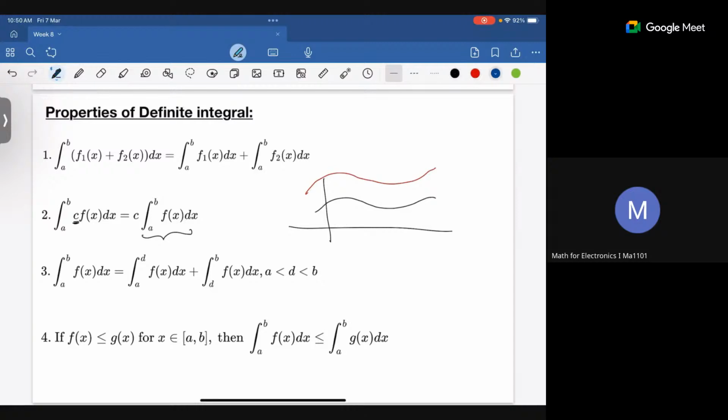Now, if you are interested to compute the integral from a to b like this, the area that you compute under this black curve is just twice of this area, right? So you do 2 times f of x, or you do 2 times the integral a to b f of x. Both are the same.